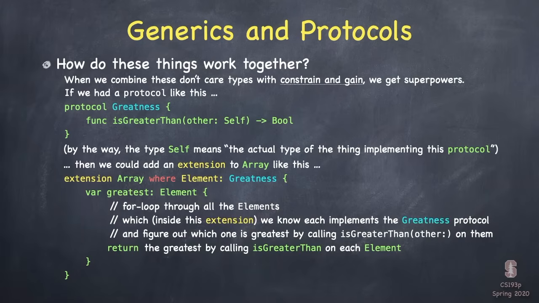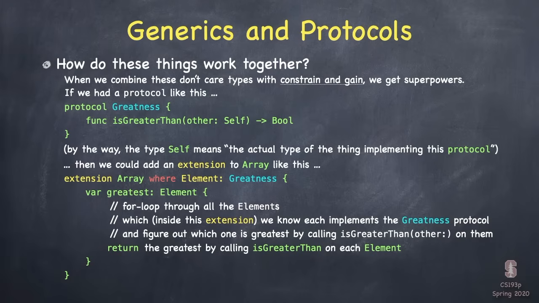And I'm going to show you how that works in just a few clicks here. So if we have this protocol, look at what we can do. Extension Array, so I'm adding something to Array, where the Element, the don't care of the array, conforms to Greatness. That where I put in red because it's really the key part of connecting generics and protocols. Here I'm actually going to add a var, or I could do it with functions, but I'm going to add a var here to Array so that every array where the element, the don't care, conforms to Greatness will get this var.